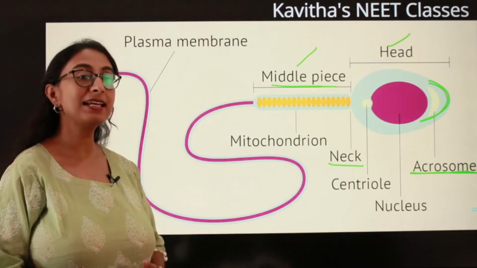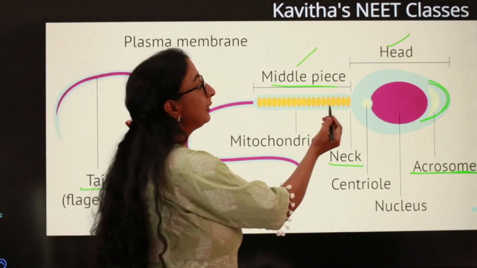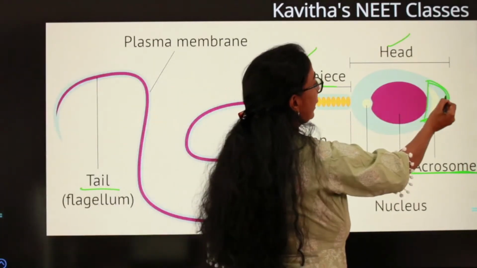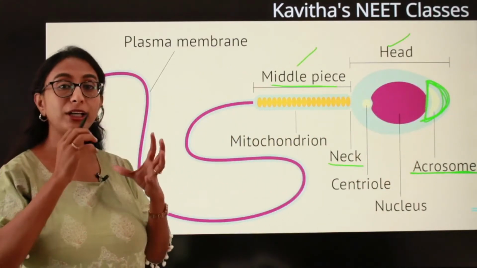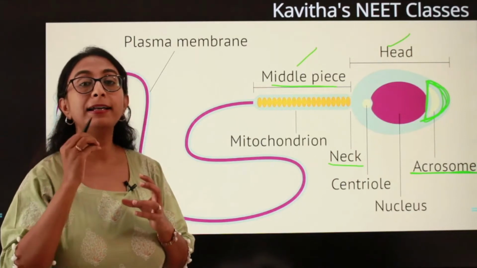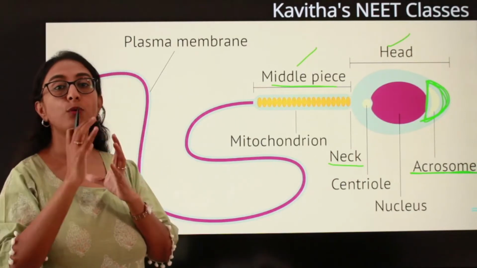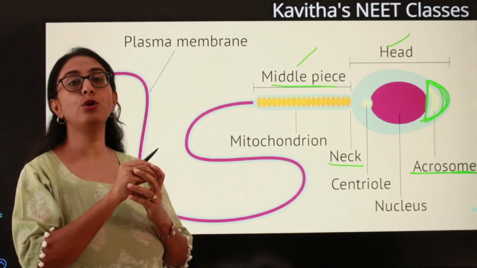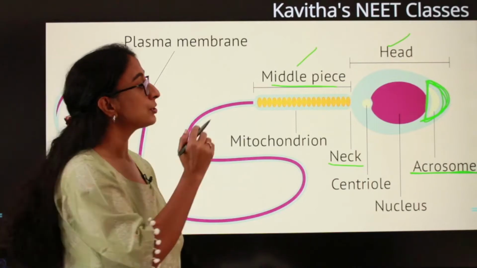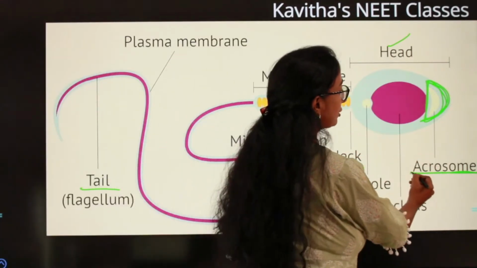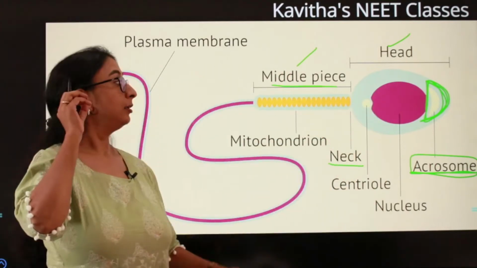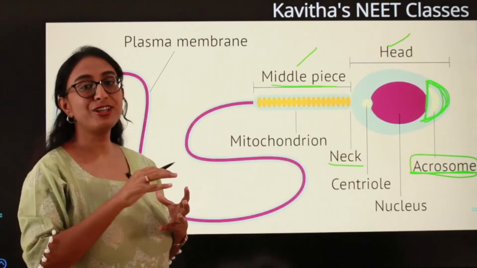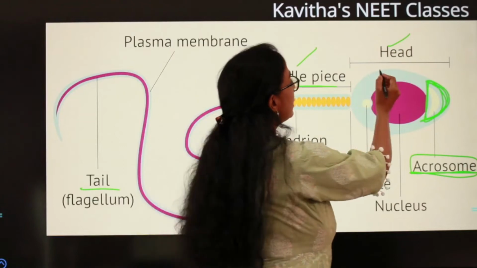So the acrosome contains proteolytic enzymes, and it is the acrosome which first comes in contact with the ovum, and it is also the one which digests the wall of the ovum and enters into the ovum first. So the acrosome is very important because it contains the proteolytic enzymes which enable the sperm to make its entry into the ovum.